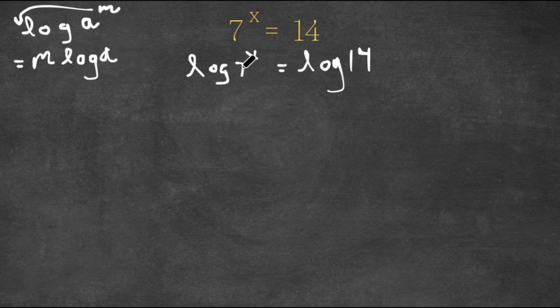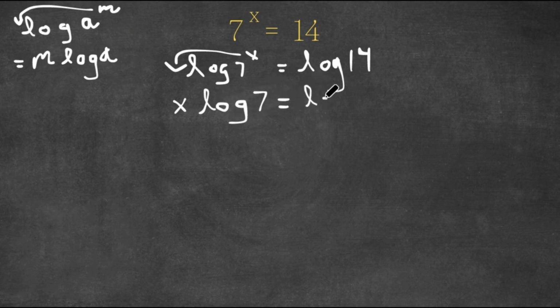So in this case, for log 7 to the power of x, I'm going to move the exponent to the front of the logarithm. So now we have x times log 7, and this is equal to log 14.